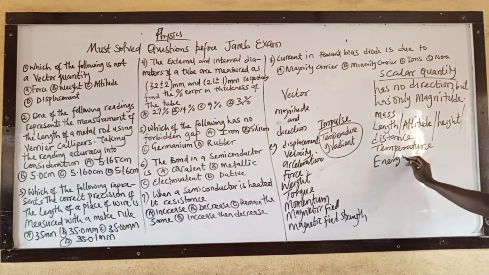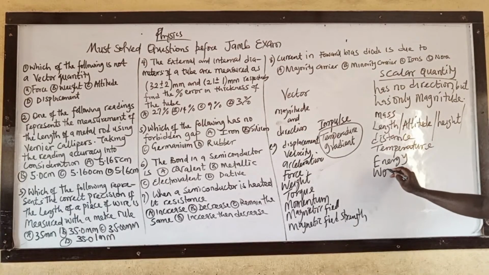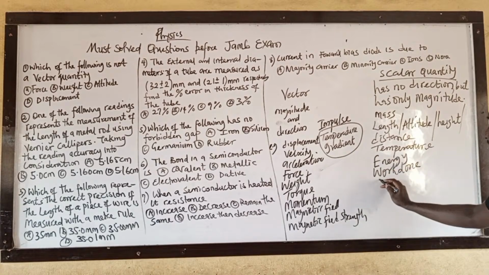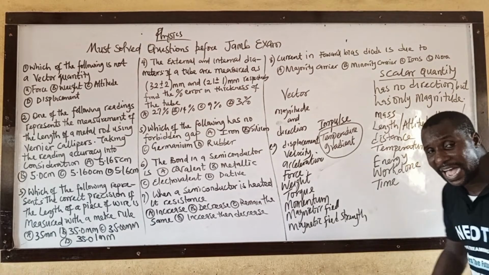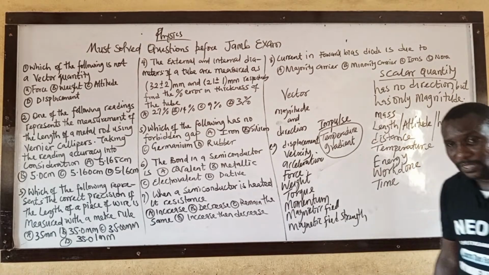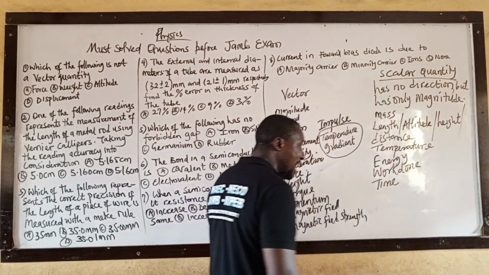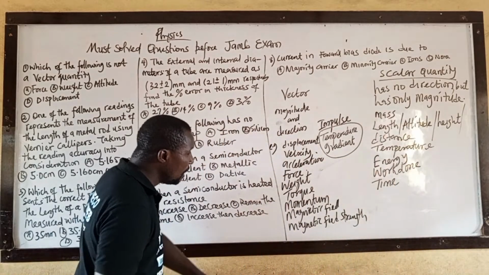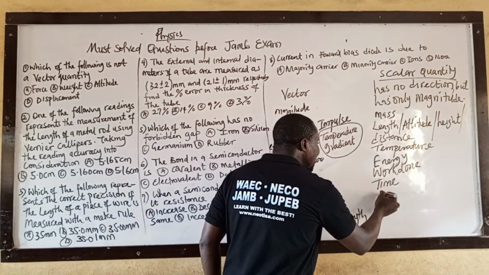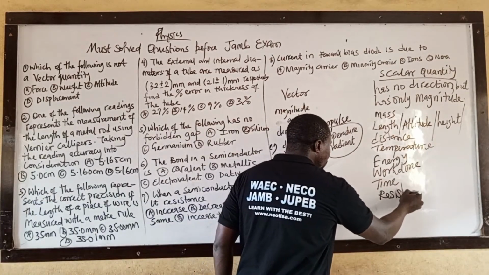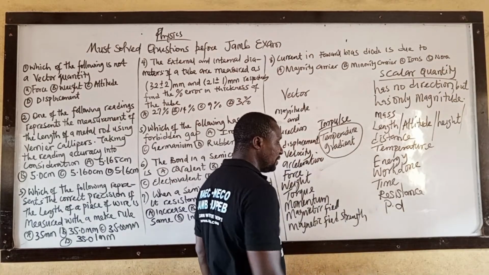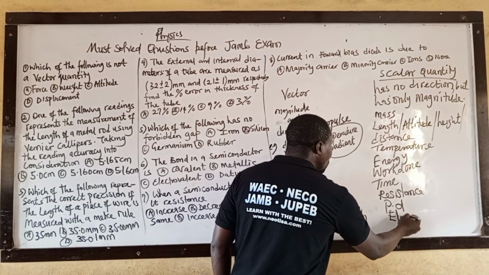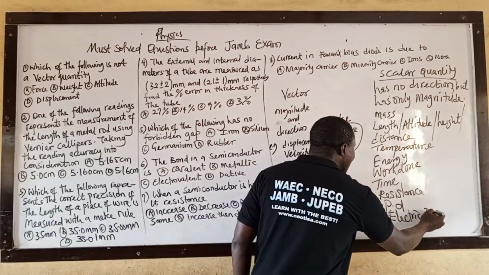We have energy. We have work done. We have time. Take note. We have resistance, potential difference, electric potential.